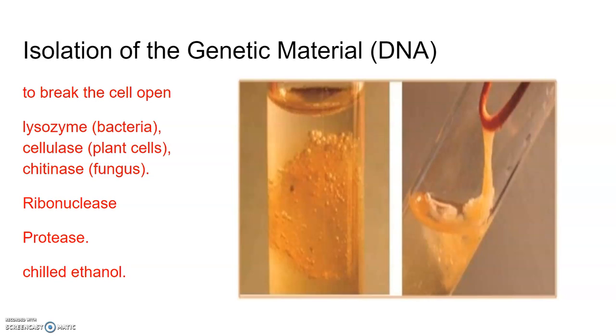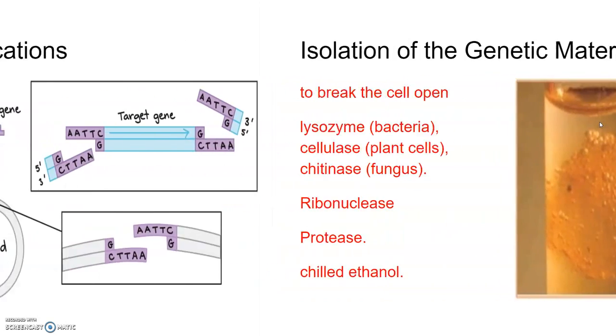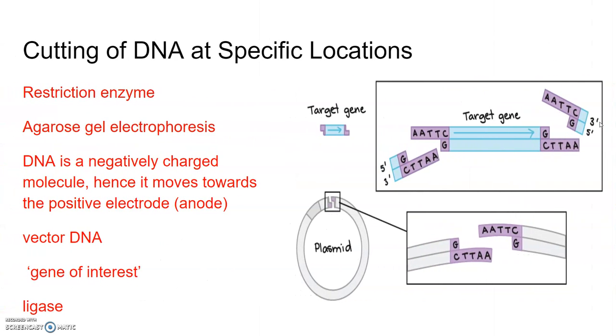So once we get this extract of DNA, what is the further treatment that is done? Now the cutting of the DNA at the specific locations. Restriction enzyme digestions are performed by incubating purified DNA molecules with the restriction enzyme at the optimal conditions for that specific enzyme.